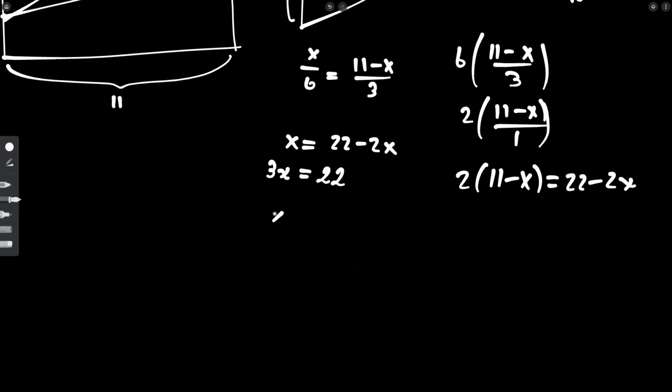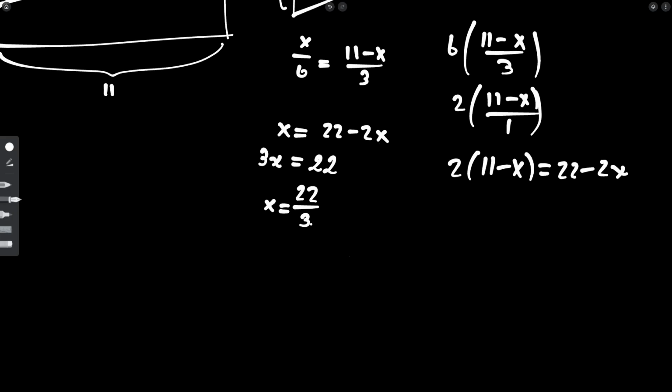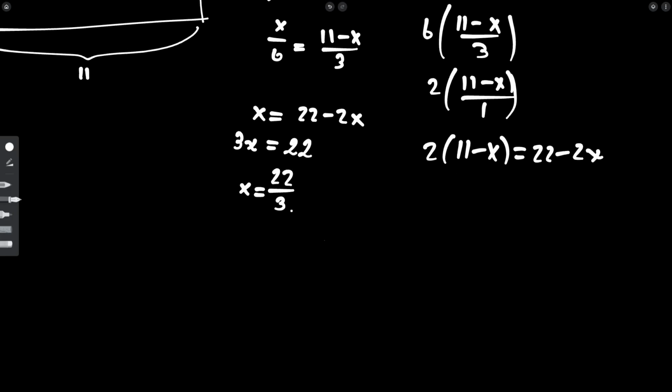And dividing both sides gives us 22 over 3, which is equivalent to, let me get a calculator here. Or we might not need a calculator. 7 times 3 equals 21. Sorry, it's 7 and 1/3.